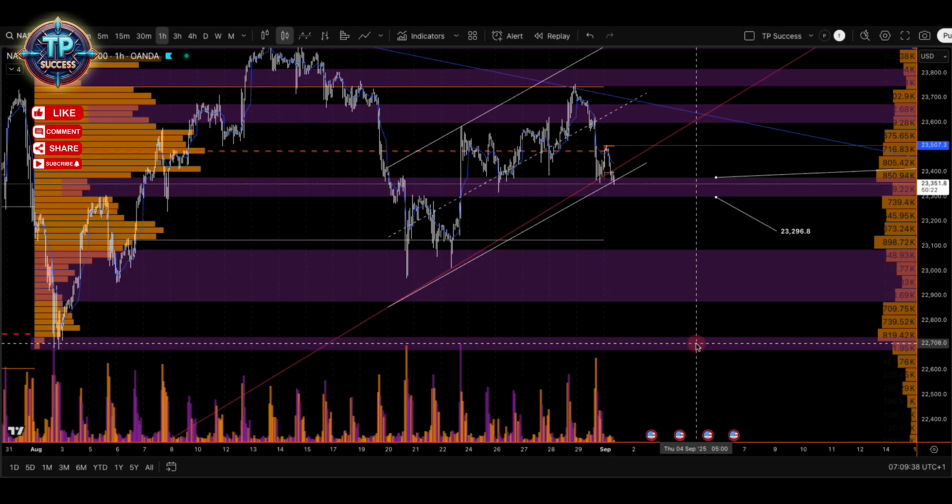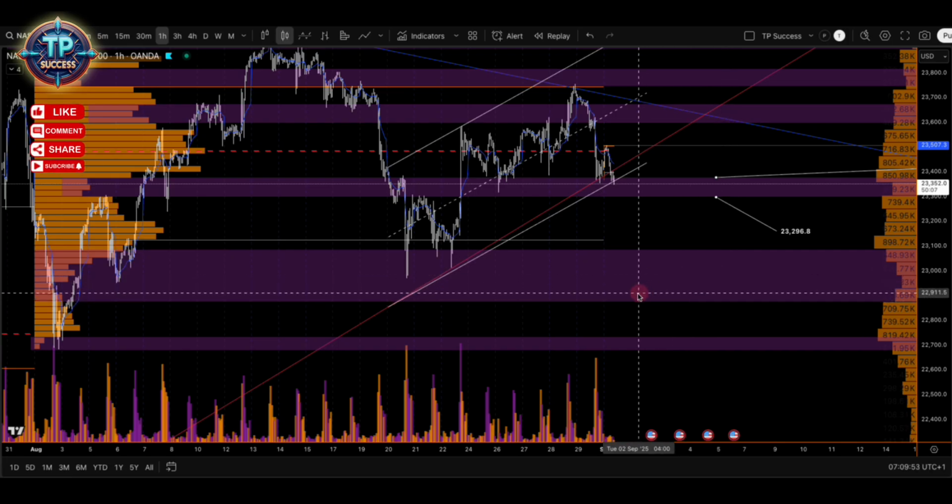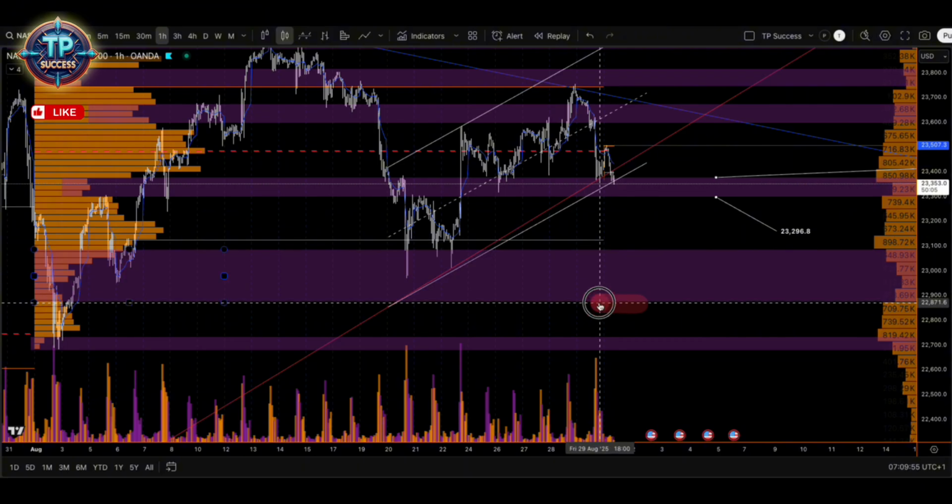It's going to come to 22,700, and 22,700 is somewhere in this zone anyways. That's what I'll be thinking, that's what I would be looking for, especially if we get the close underneath this level right here.